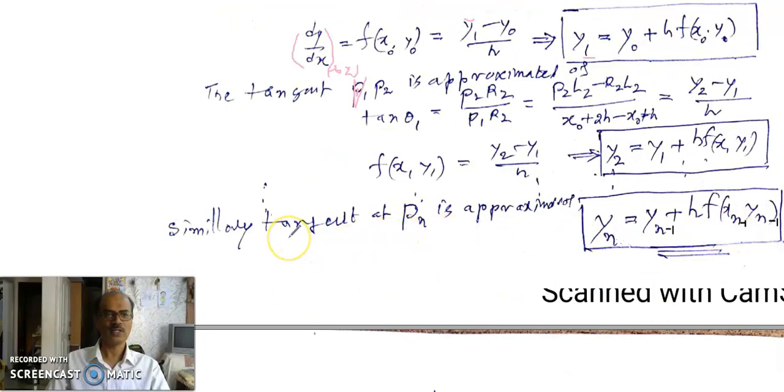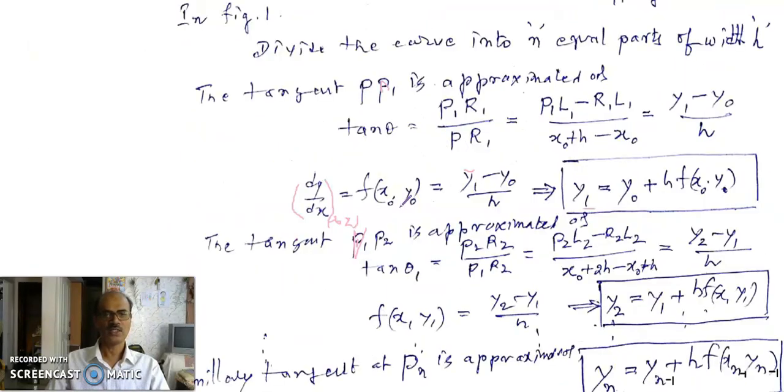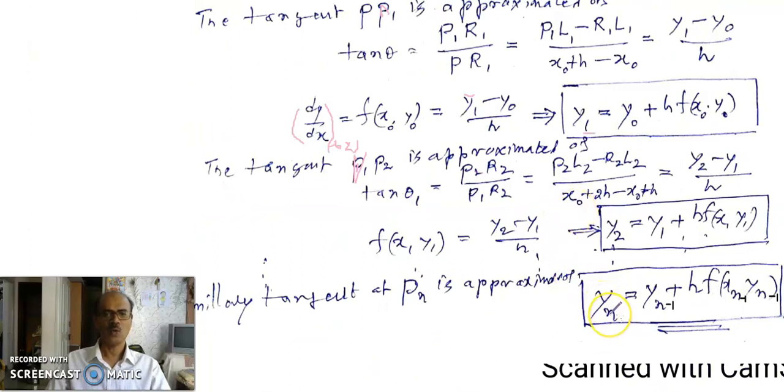Similarly, proceeding in the same way, the tangent at Pn is approximated as yn is equal to yn minus 1 plus h into f of xn minus 1, yn minus 1.